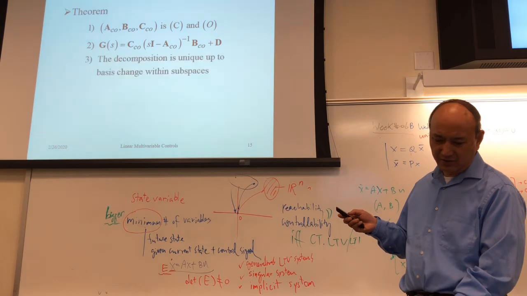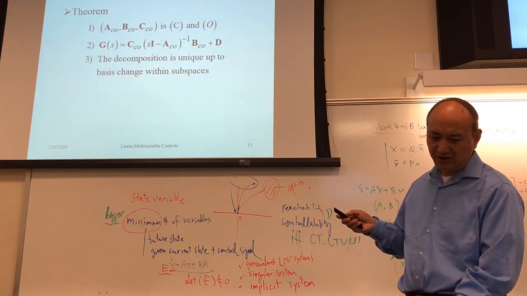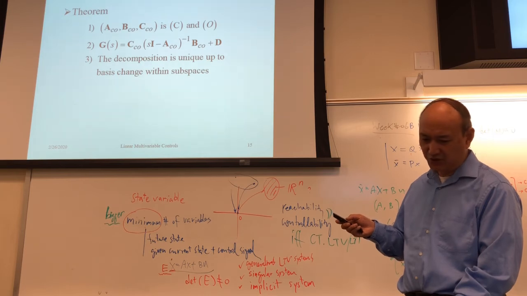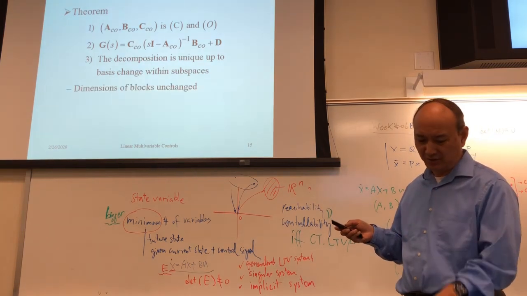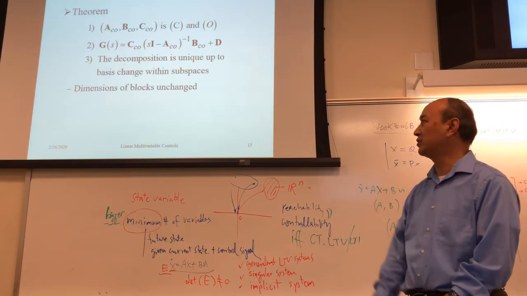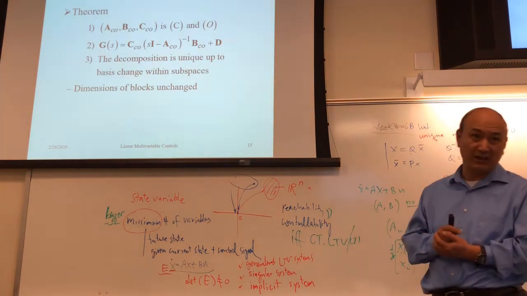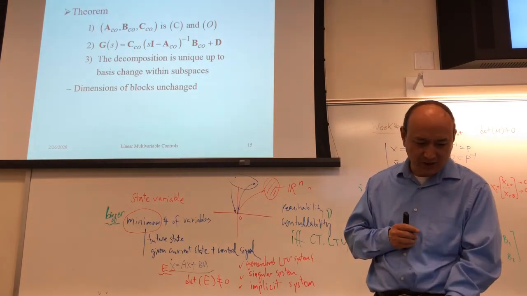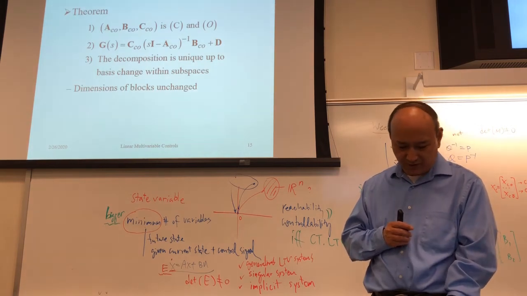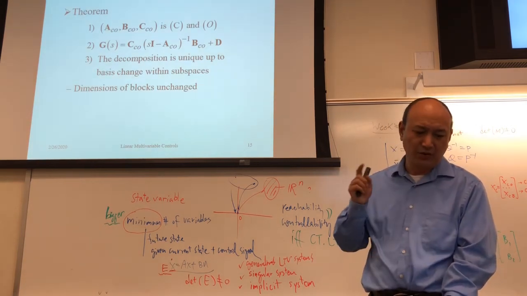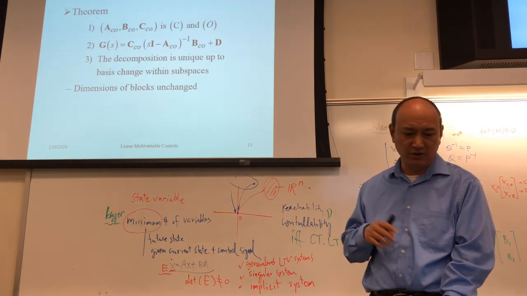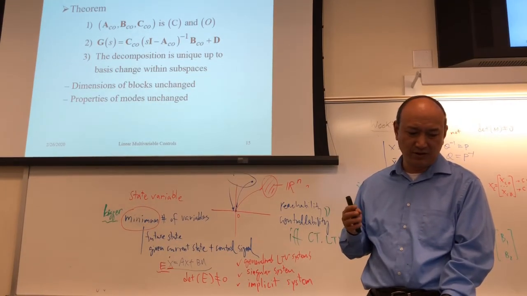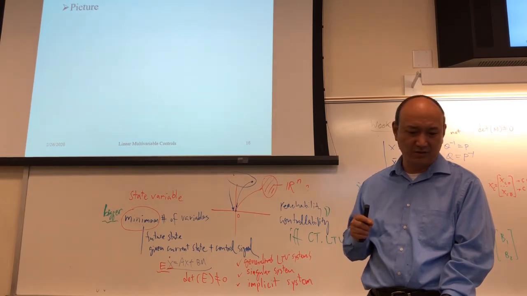Those decompositions are unique up to a basis change within the subspace. The dimensions of the blocks will not change under a similarity transformation, because that's a geometric inherent property of the state space of the original system. So the controllable, uncontrollable, observable, and unobservable modes will never change, no matter how you do a coordinate transformation.